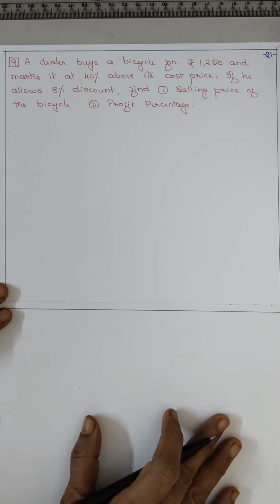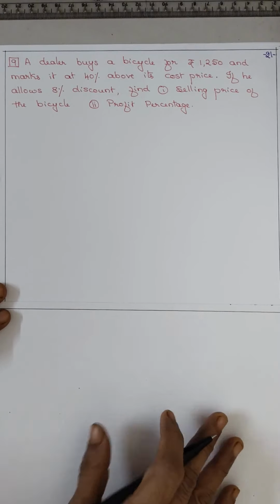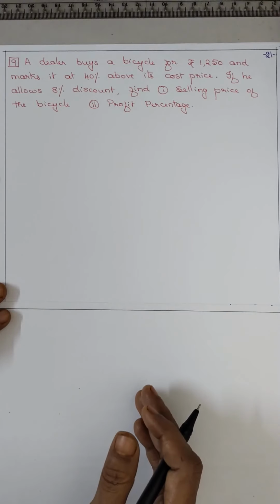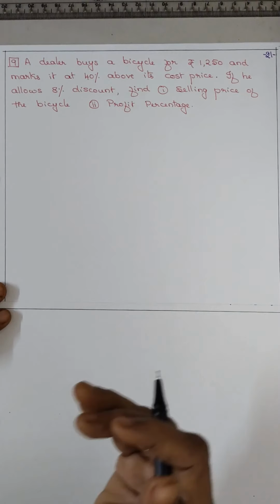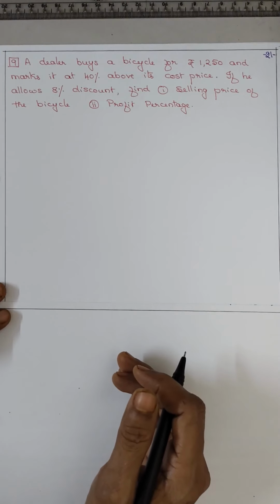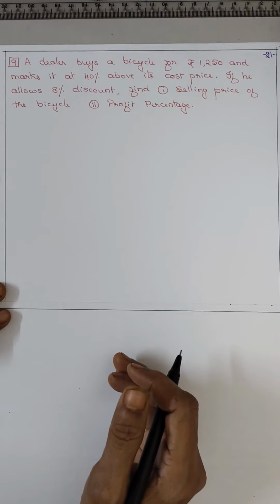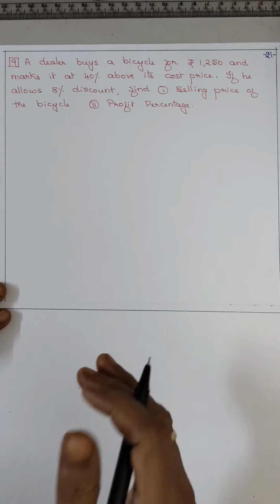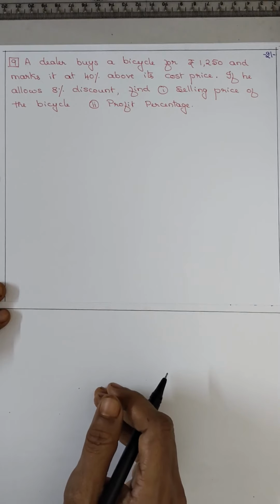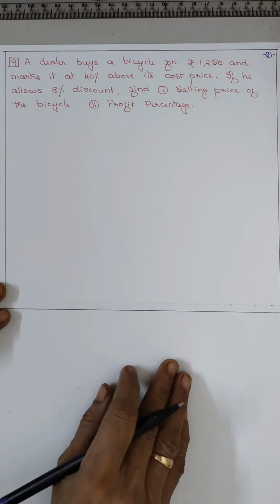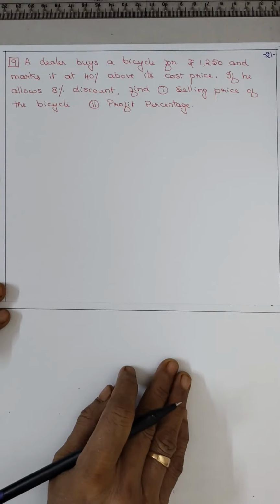See, here a dealer means a shopkeeper, the person who sells. He buys a bicycle at 1250 and marks the price 40% above its cost price, and he allows 8% discount. Then find the SP and the profit percentage.